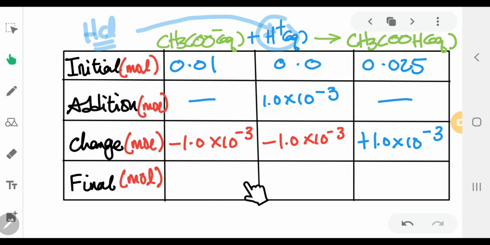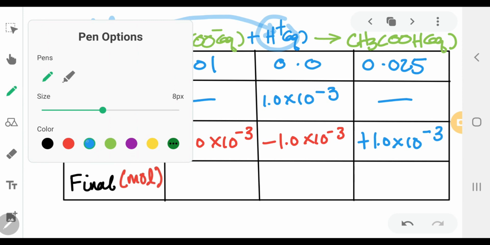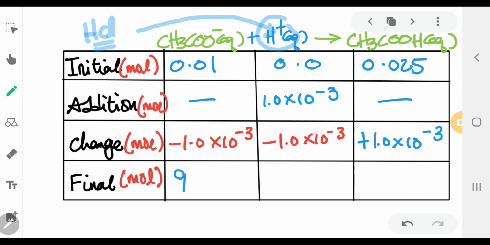So final mole is 0.01 minus this number. You should be getting a number about 9.0 times 10 to the power of -3. This one will be 0 because you have 1 times 10 to the power of -3 minus 1 times 10 to the power of -3, whereas this one 0.025 plus 1 times 10 to the power of -3, then you get 0.026.